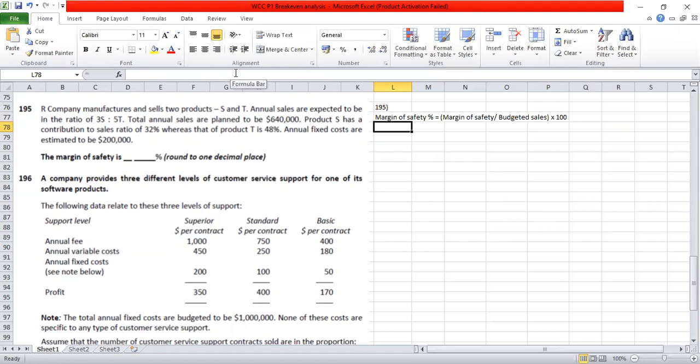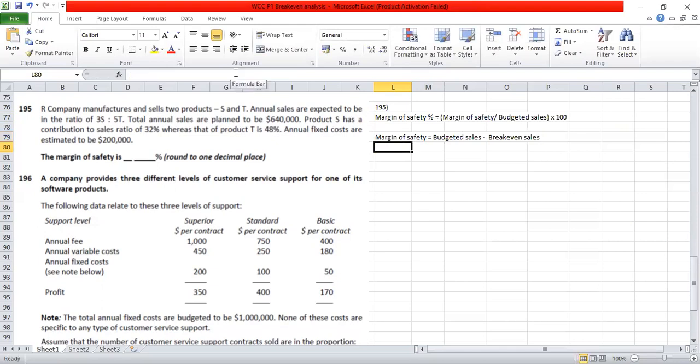Margin of safety, according to the equation, is equal to budgeted sales minus break-even sales. Budgeted sales are given.